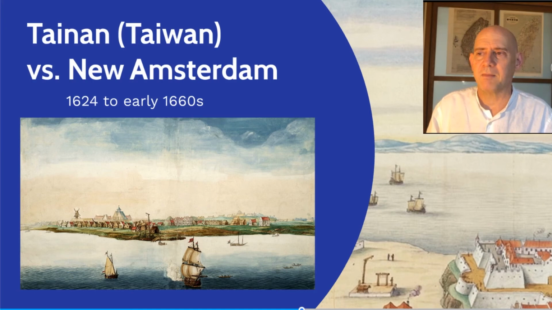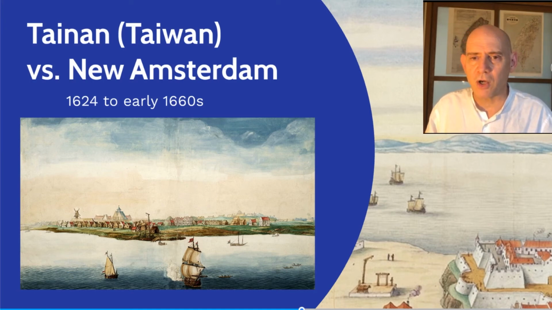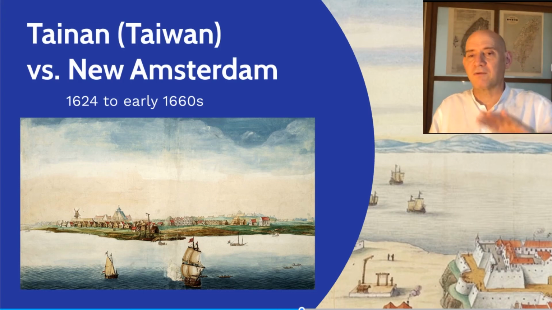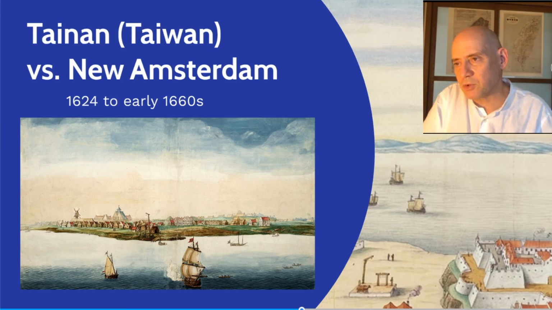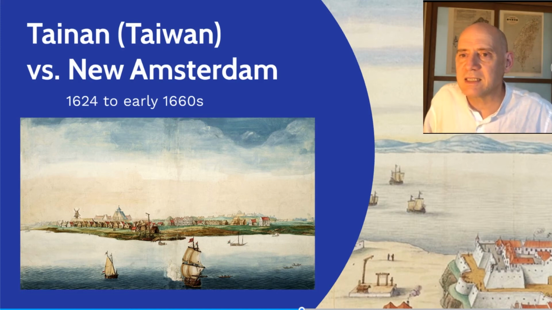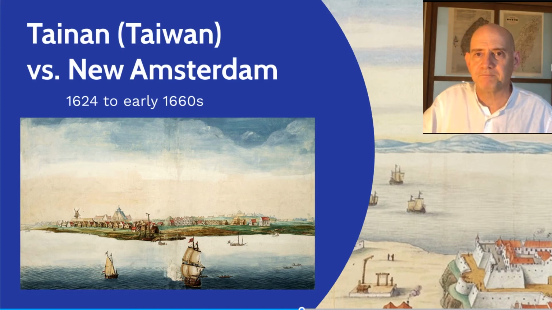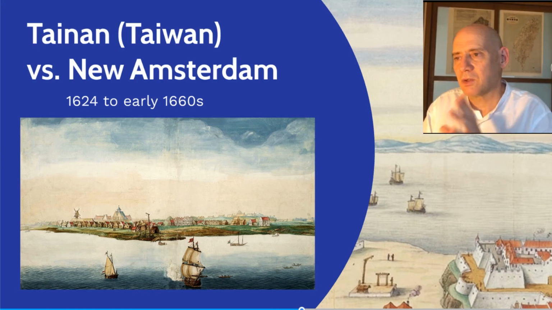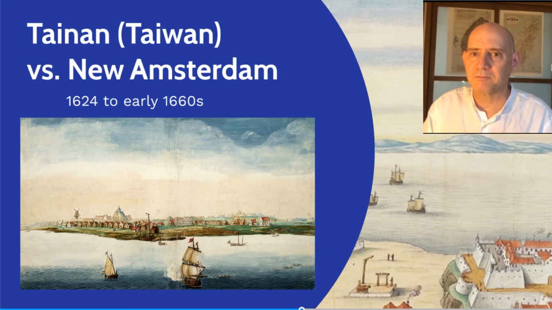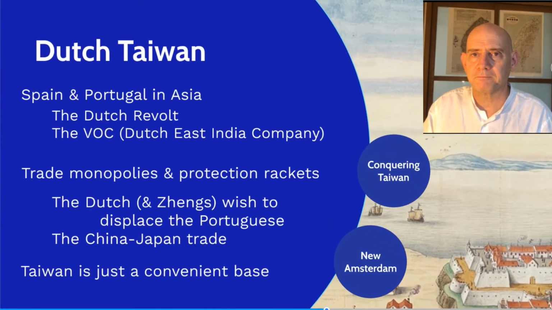At Tainan, they came mainly to do trade between China and Japan, but they also ended up trading in deer products with the people native to Taiwan. And in both cases, in the 1660s, they get pushed out. They're pushed out of Taiwan, and they're also pushed out of what becomes New York State by the English. So this is just one of the many parallels between North America, the United States, and Taiwan in the early period.